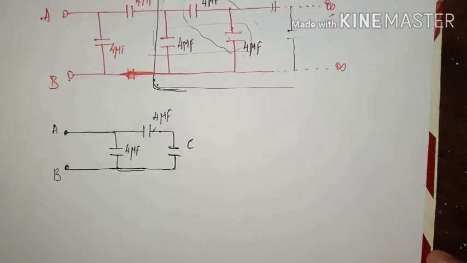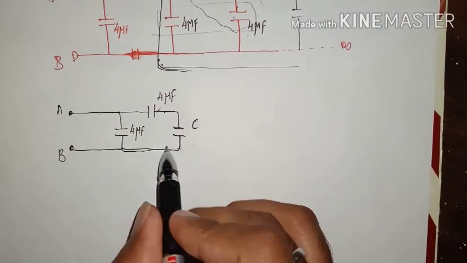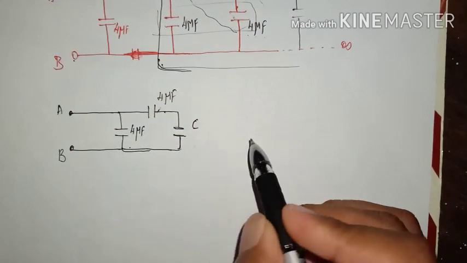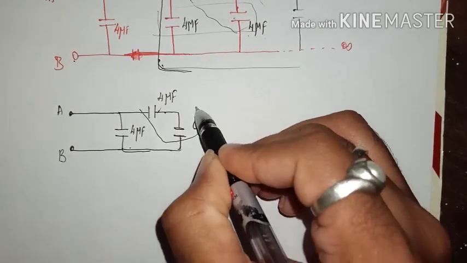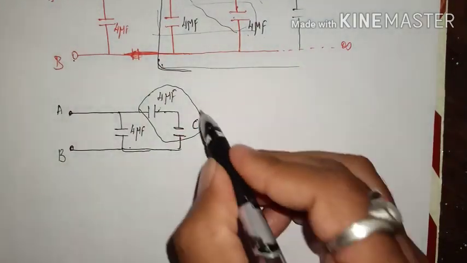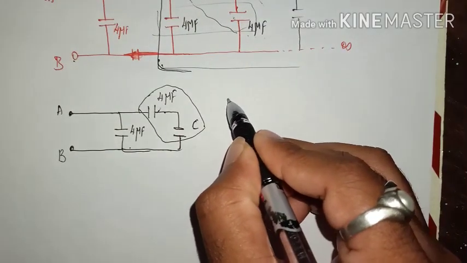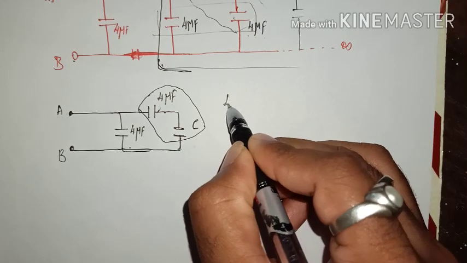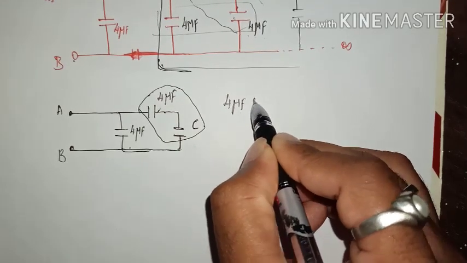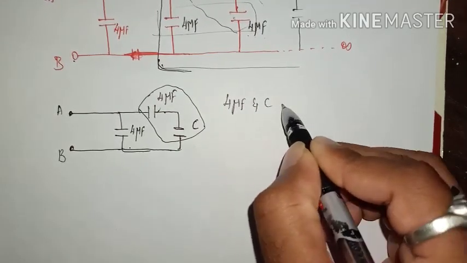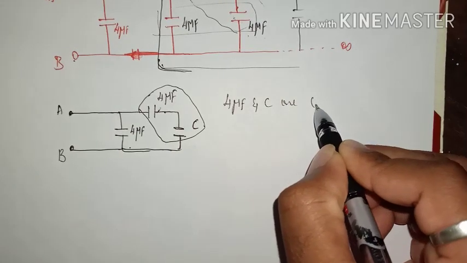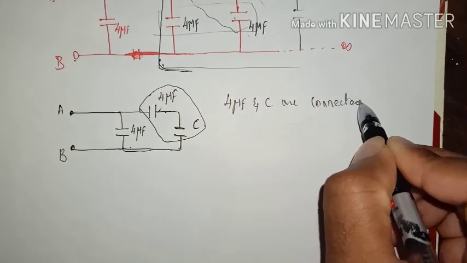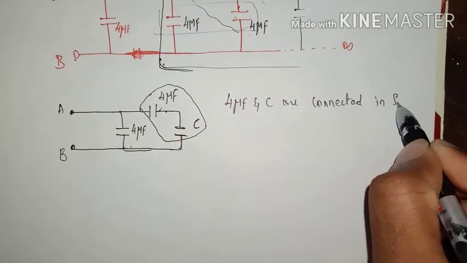Now let's go to the next one. The circuit is like this. Now what is the connection of this? It is connected in series right now, isn't it? So 4 microfarad and C are connected in series.